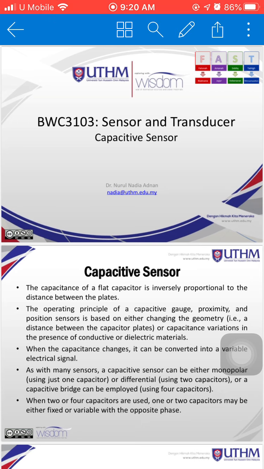Okay, we will continue our lecture into the second type of sensor in position, displacement and level sensor, which is the capacitive sensor. The capacitive displacement sensor has a very broad application. Usually they are employed directly to gauge displacement and position, and also as a building block in other sensors where displacement is produced by force, pressure, temperature and others.